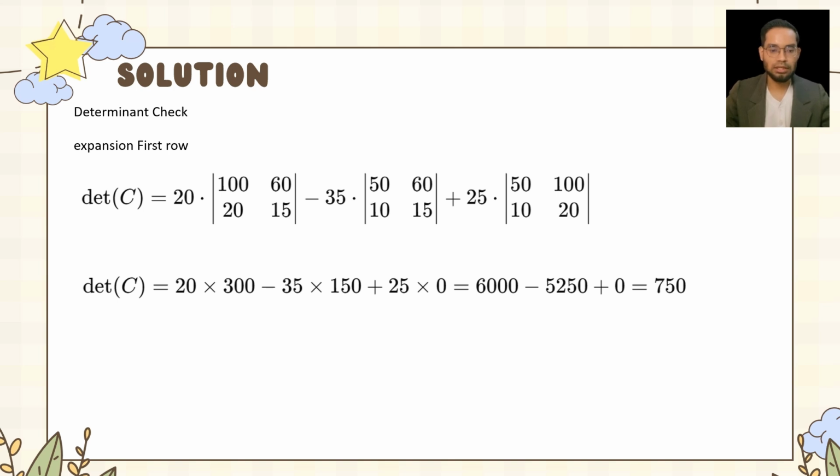So back to the calculations, minus 35 times 150, which is the answer for the second minor, plus 25, plus again is the sign from the methodology, times 0, the answer for the third minor. So we do the calculation, simple maths, and the answer is 750. That's the answer for determinant C.